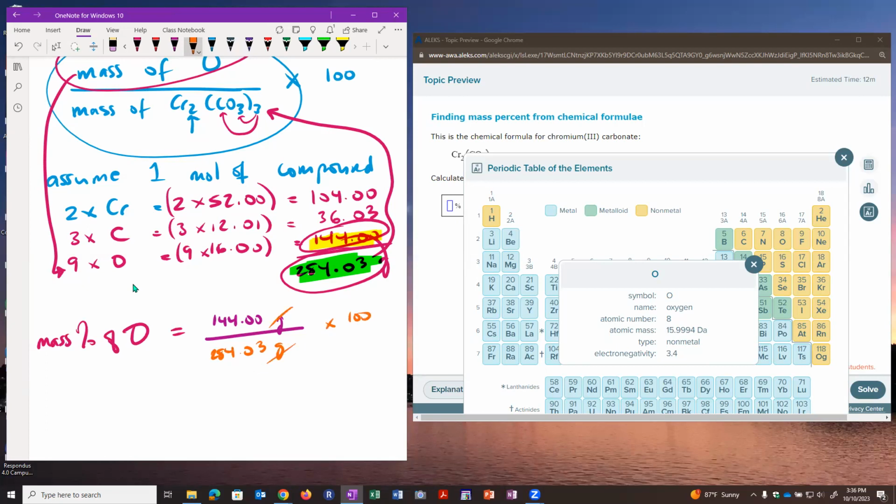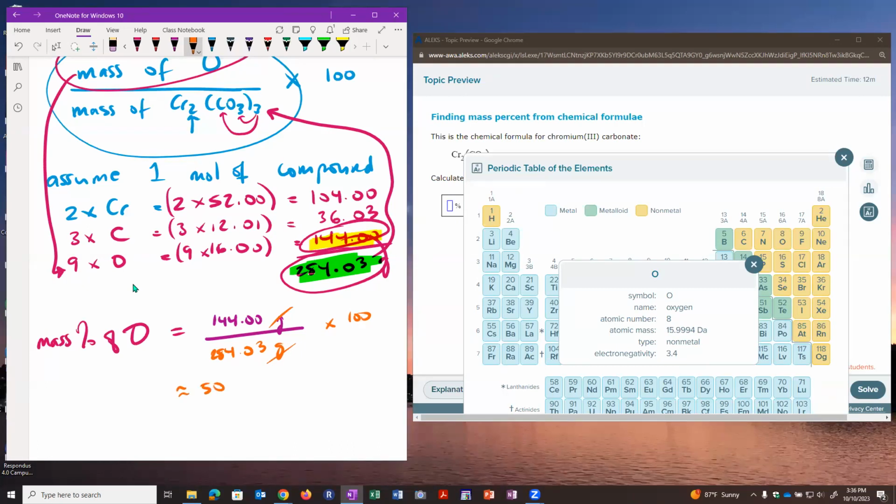Grams go away. So 144 divided by 284.03, and then we times it by 100. That's going to be about 50%.